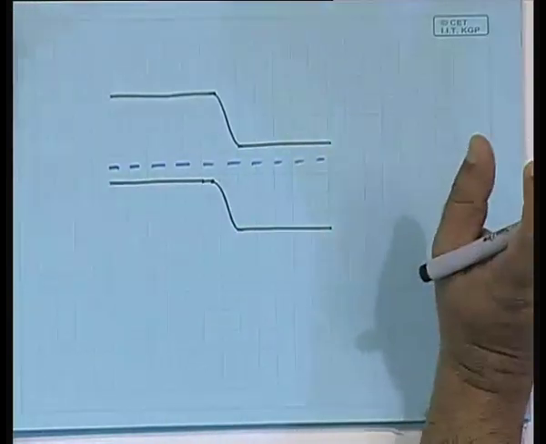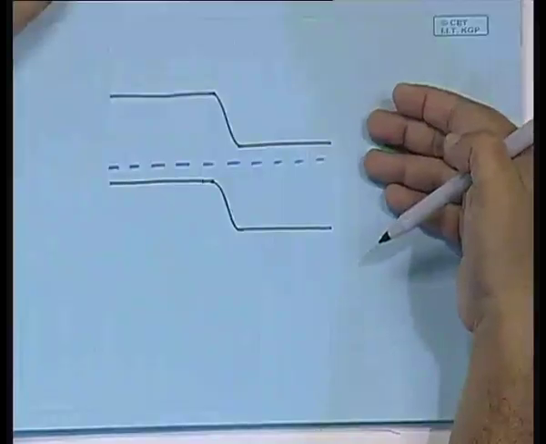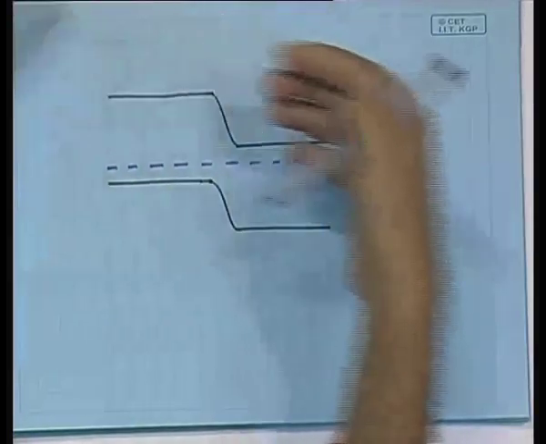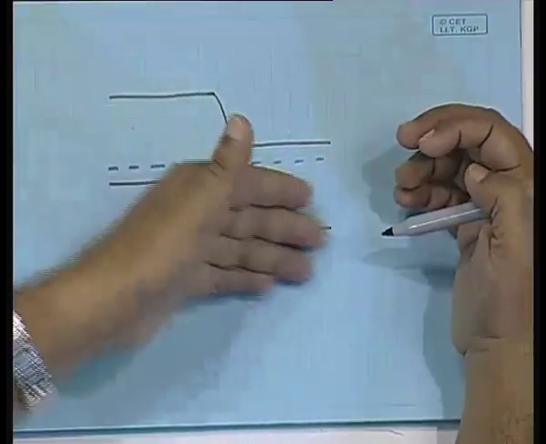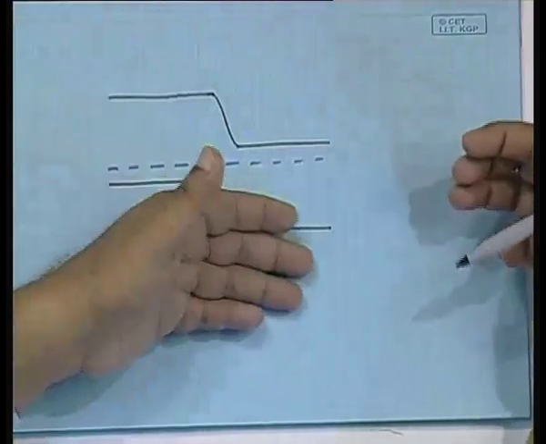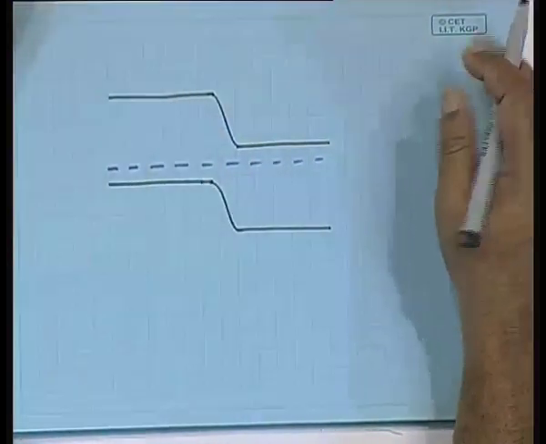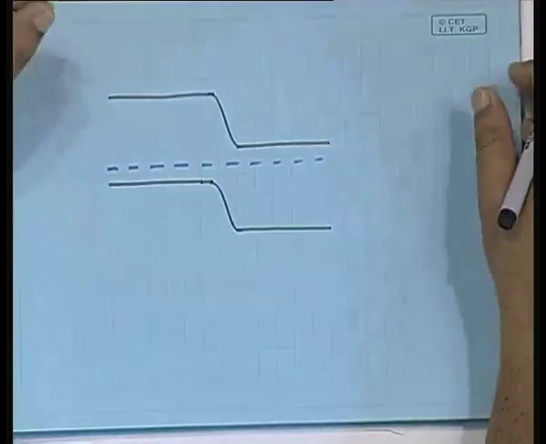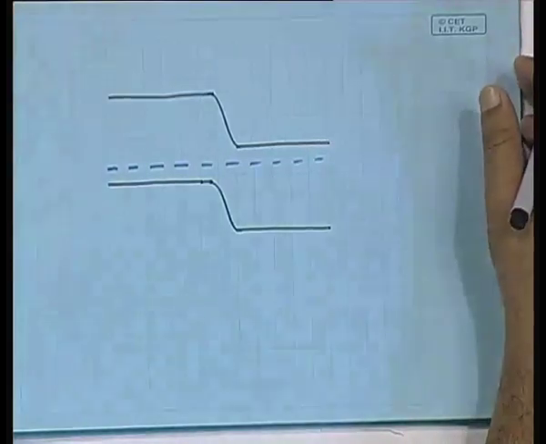Because of the band bending, the electrons find it difficult to go up the hill, holes find it difficult to go down the hill, and therefore, electron flow this way and the hole flow this way is effectively blocked, and therefore, it acts as a diode, right. So, that is the basic theory that you have already learned.